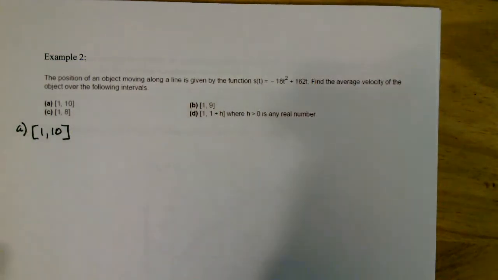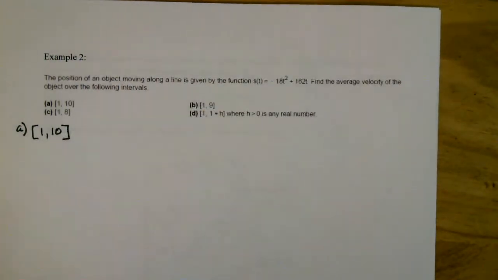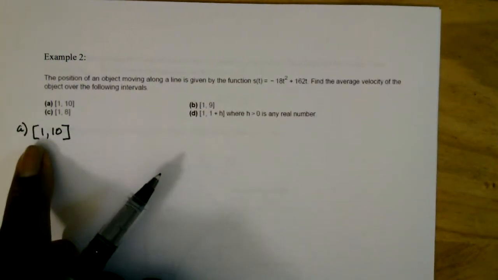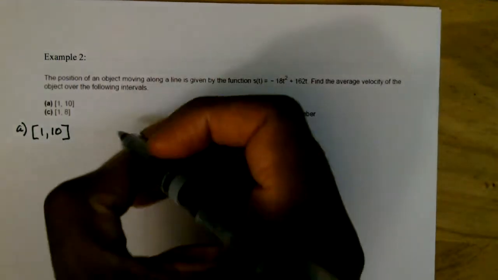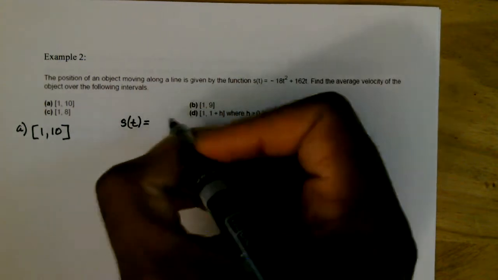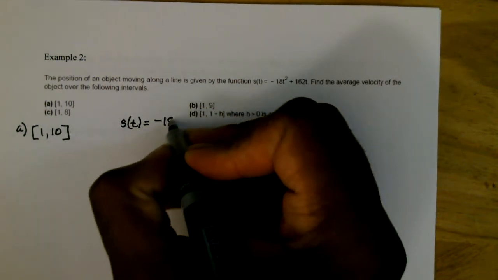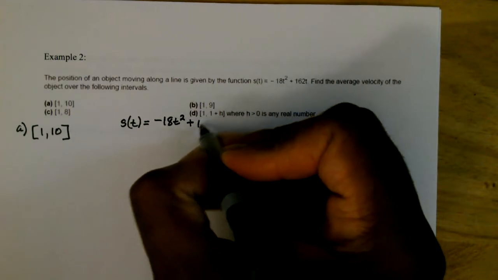Well, there are two things I need to find out. I need to find out what S of 1 is going to be and S of 10 using this formula, S of t is equal to negative 18t squared plus 162t.